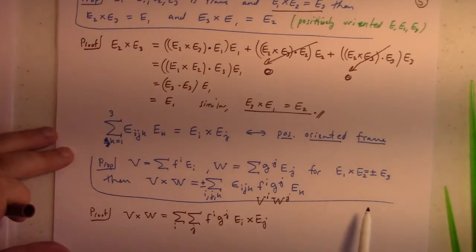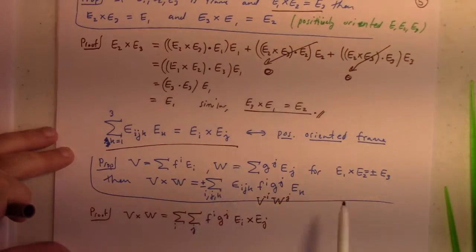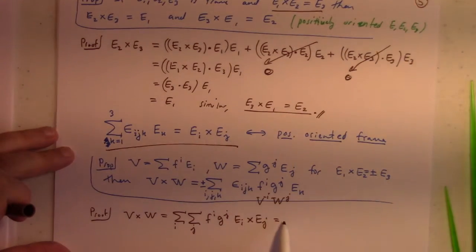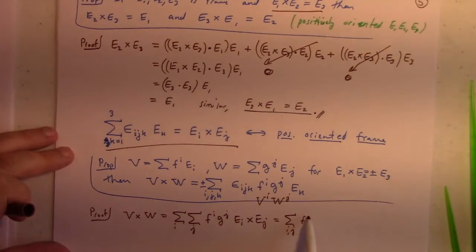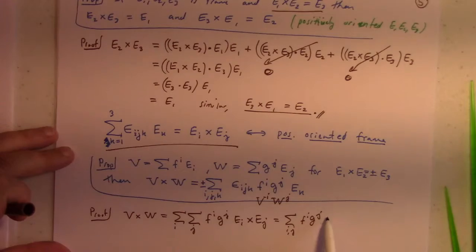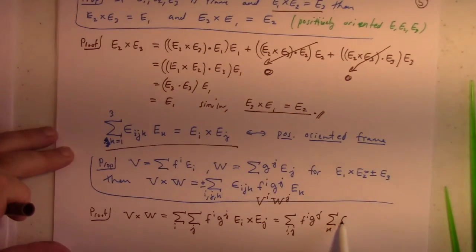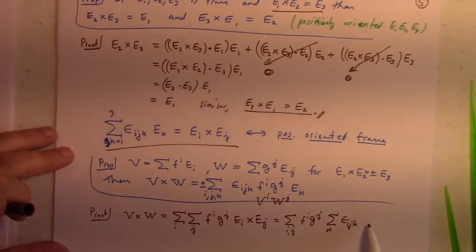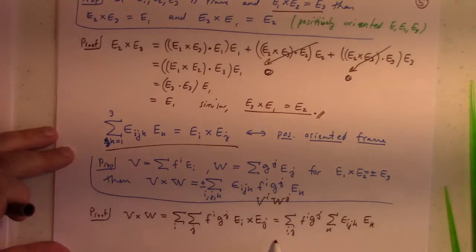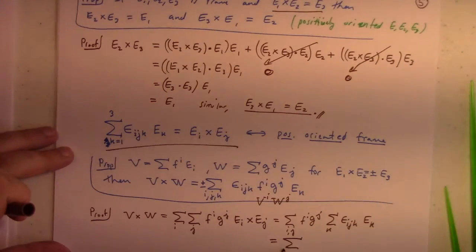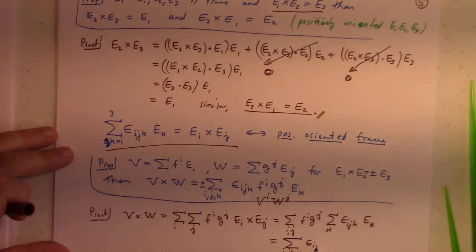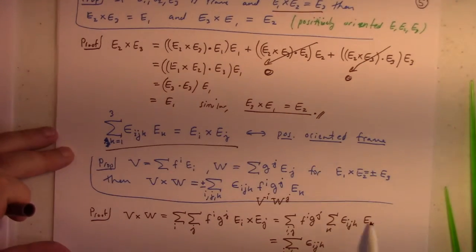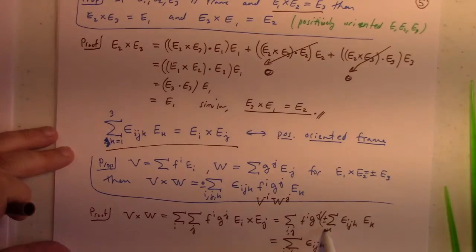But then, go back to the definition up here, put that down there, and lo and behold, there you go. Sum ijk. Oh, and I forgot the plus and minus when I put this in, right?